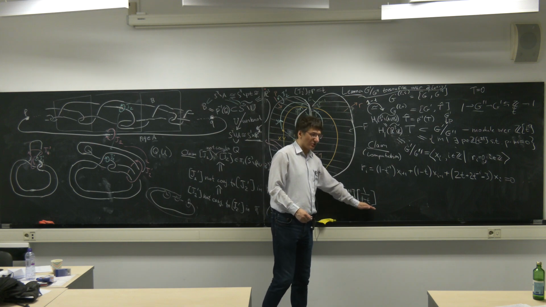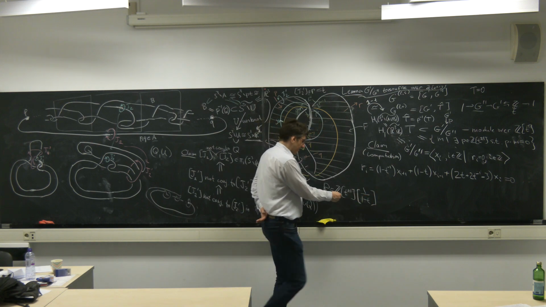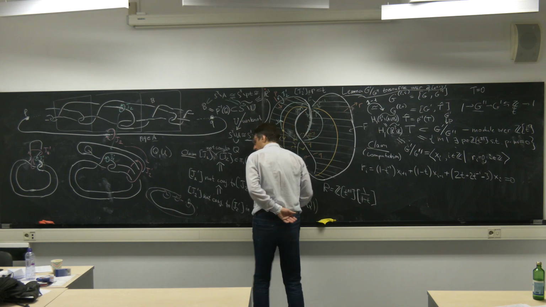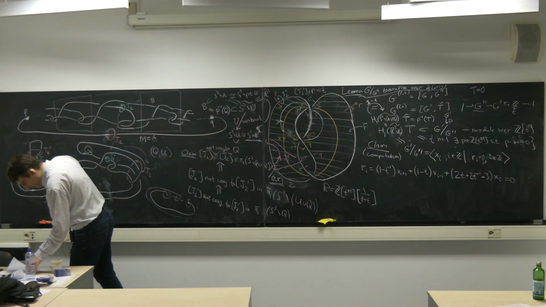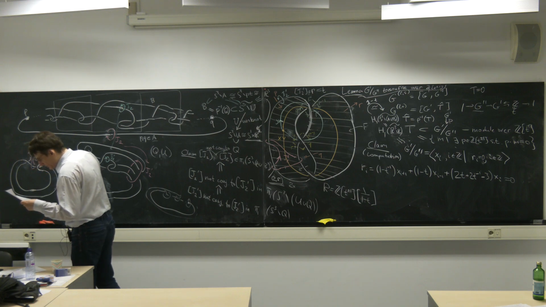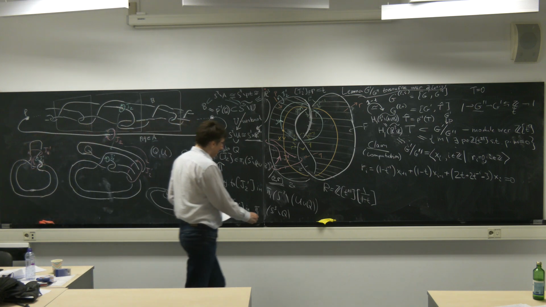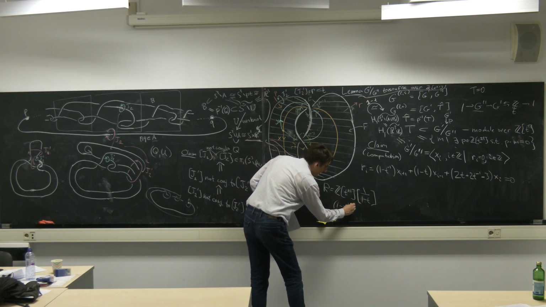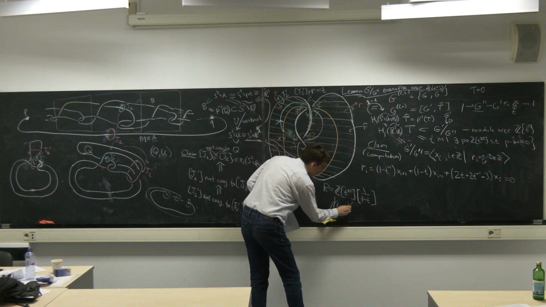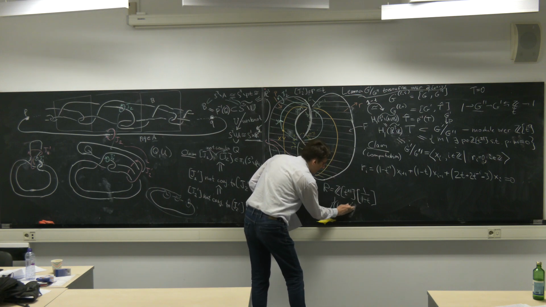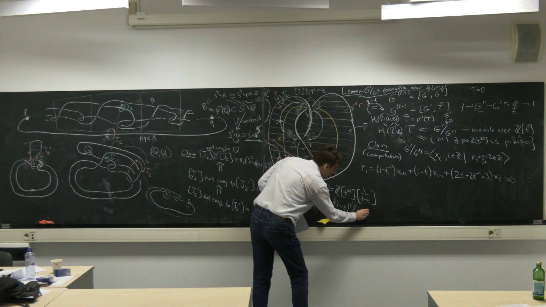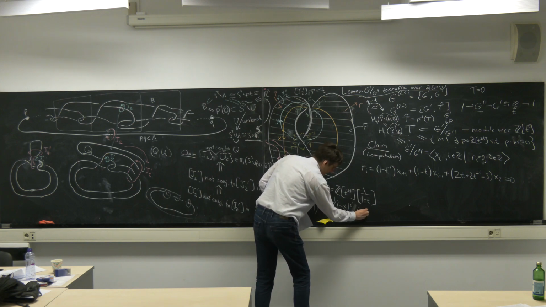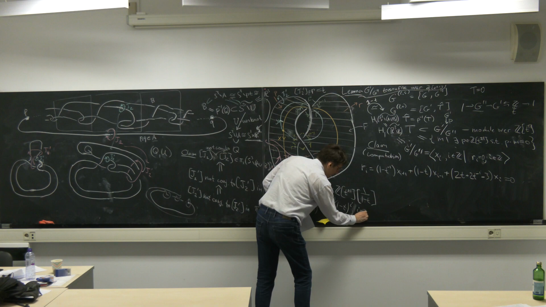That's a usual localization. So there is the multiplicatively closed set consisting of the powers of 1 minus t, where i equals 1, 2, and so on.